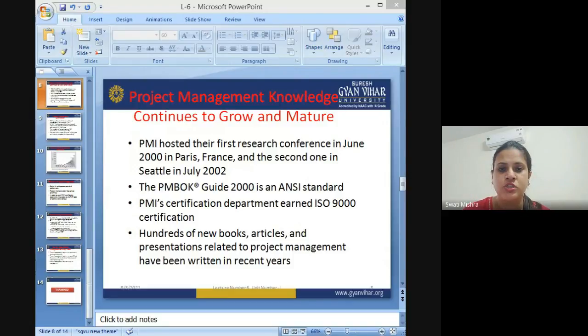Hundreds of books have been published, hundreds of articles and presentations related to project management have been written and are continuing to be written by some famous authors who are experts in project management. So, with this, project management continues to grow and continues to mature in the world of knowledge dissemination.